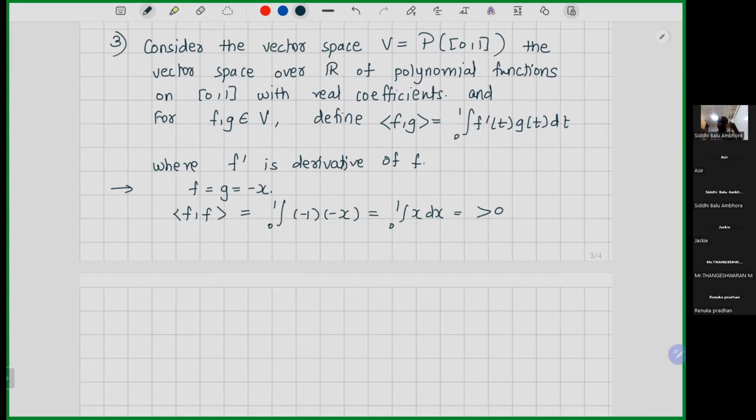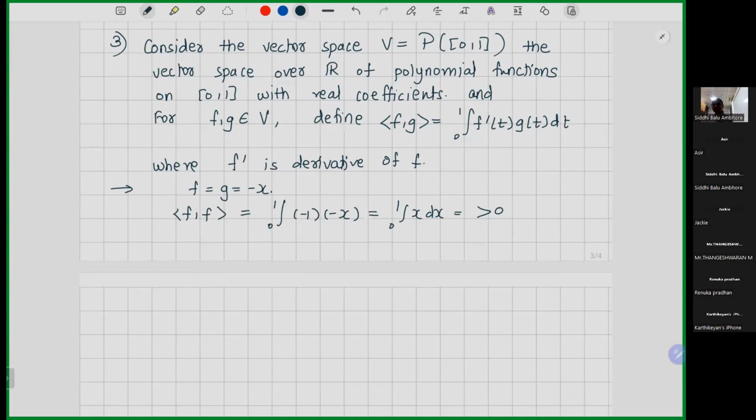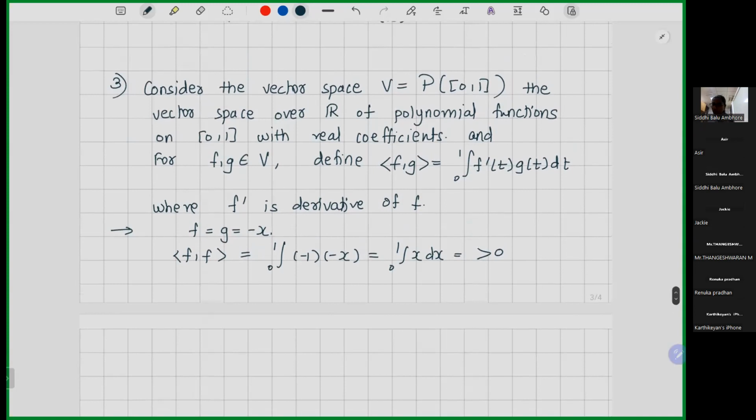Sorry, positivity may be a problem. I mean, you can always have a function which will give you a negative value, but that's not the case here. Note that f dash is the derivative of f, and g is as it is. So the problem might occur at the symmetry level, because f dash into g need not be equal to g dash into f, right?